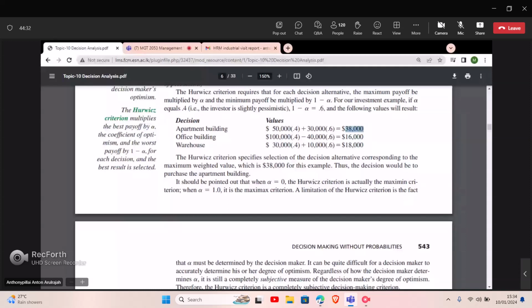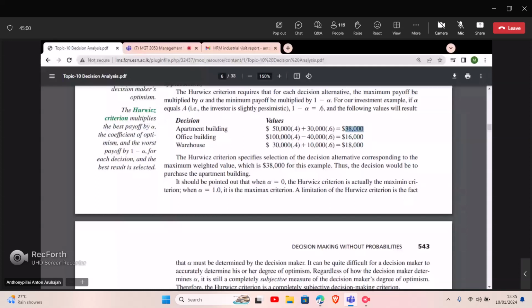But the alpha value they will give in the examination, they will give the alpha values. Always optimistic from pessimistic, bad conditions, or otherwise vice versa. So that's why I say to read this and understand.